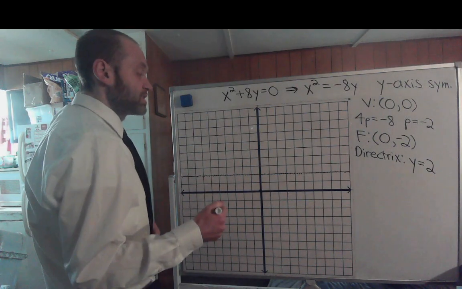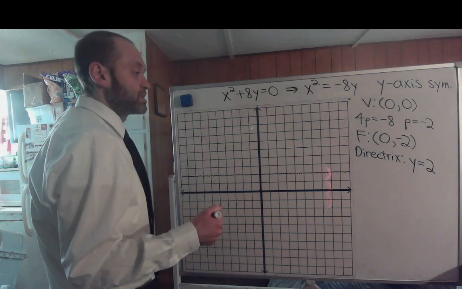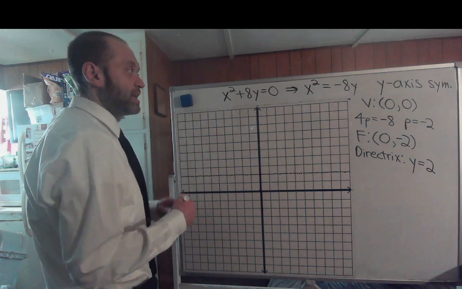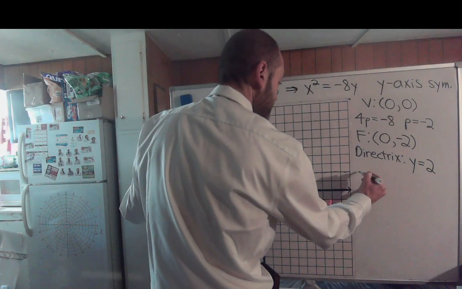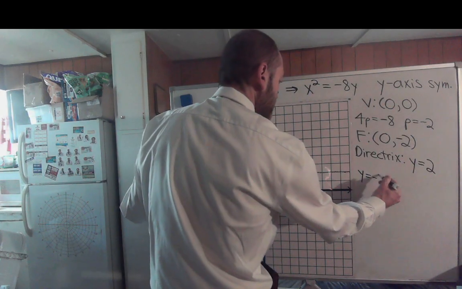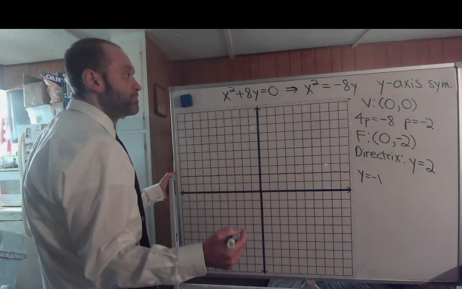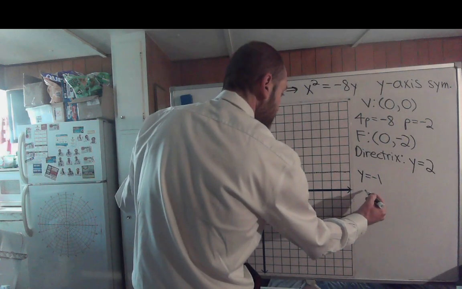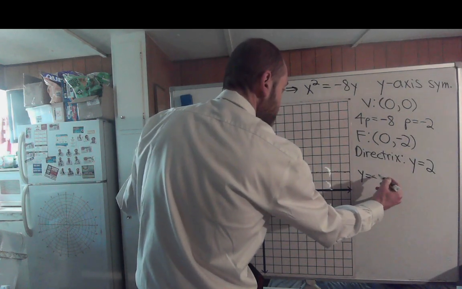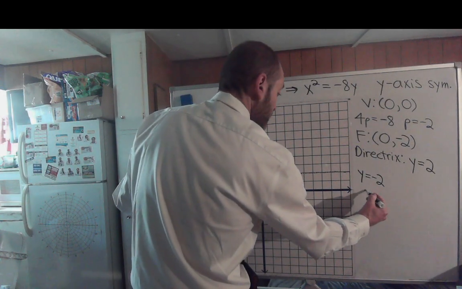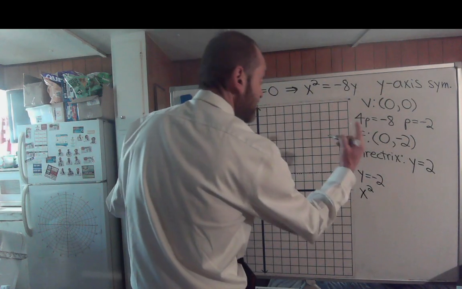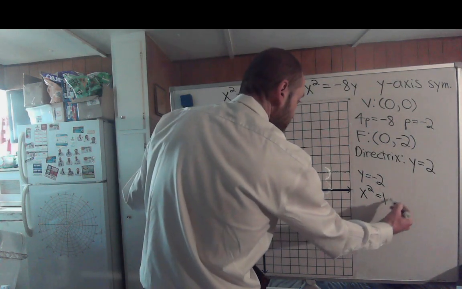We've got the vertex. Why don't we pick out a couple of other points so we get an accurate representation? Let's pick when y equals negative 1. Actually, let's pick negative 2, I'm sorry. So we would get x squared equals negative 8 times negative 2, which would equal 16.